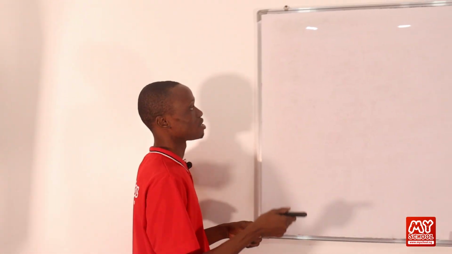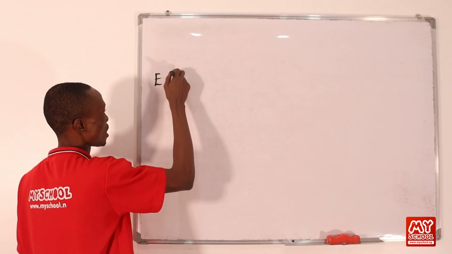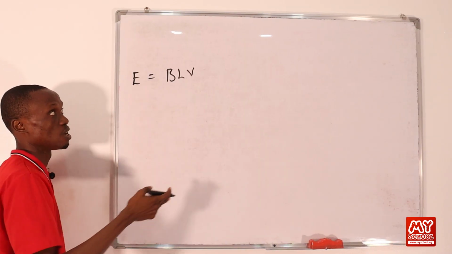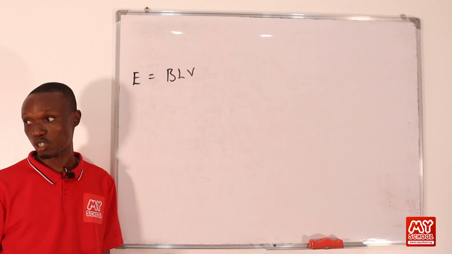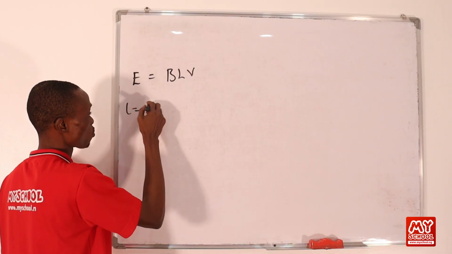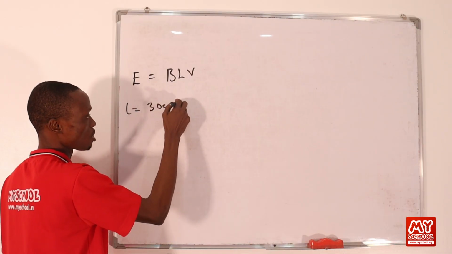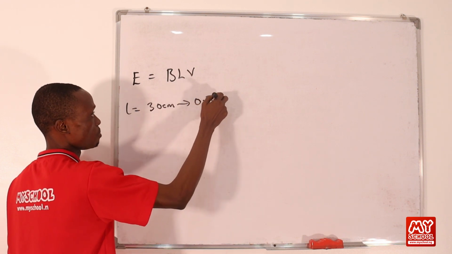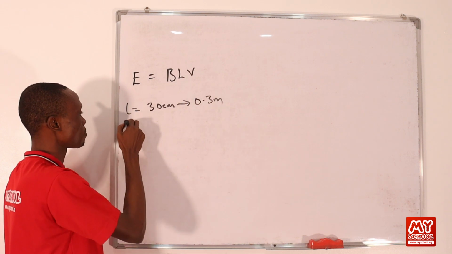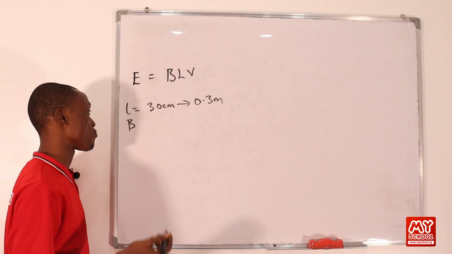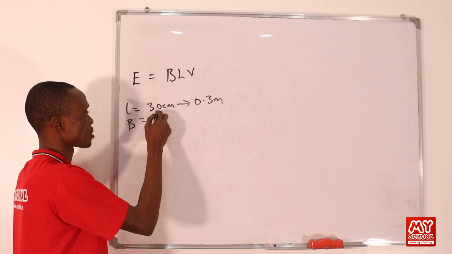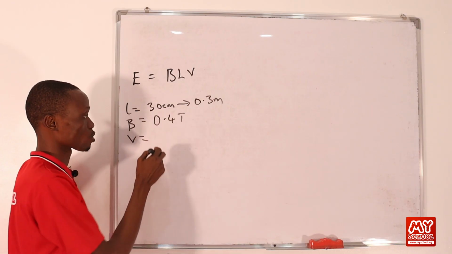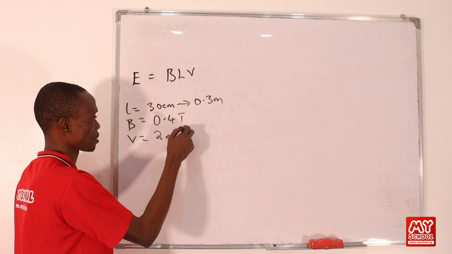Okay, so remember that the induced EMF E is given as BLv. Of course, we actually showed how this formula came about. So in this question, we are given length to be equal to 30 centimeters, which we have to convert to meters, and that will be equal to 0.3 meters. Then we are given the flux density to be equal to 0.4 tesla, and then we're also given velocity to be equal to 2 meters per second, right?